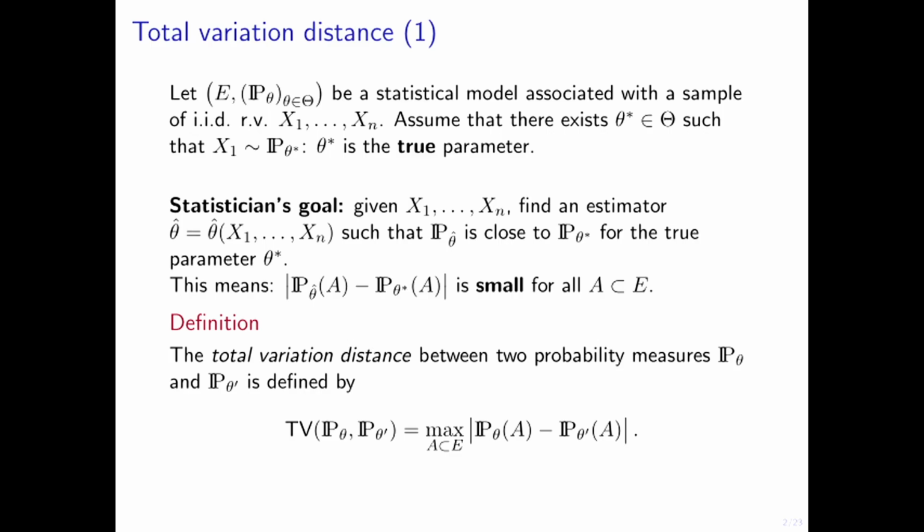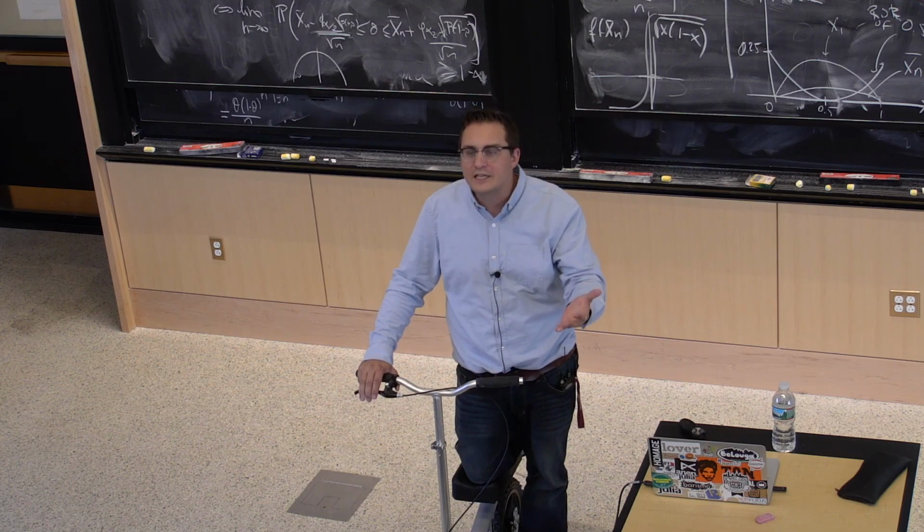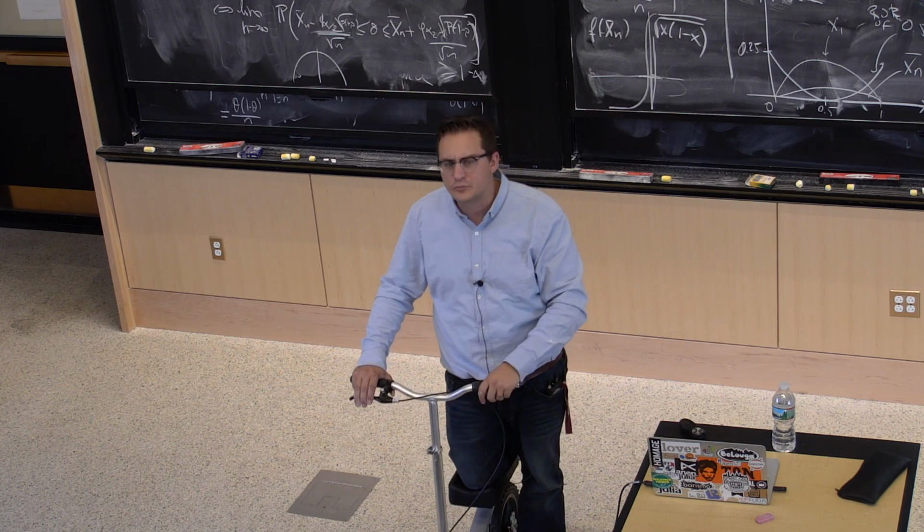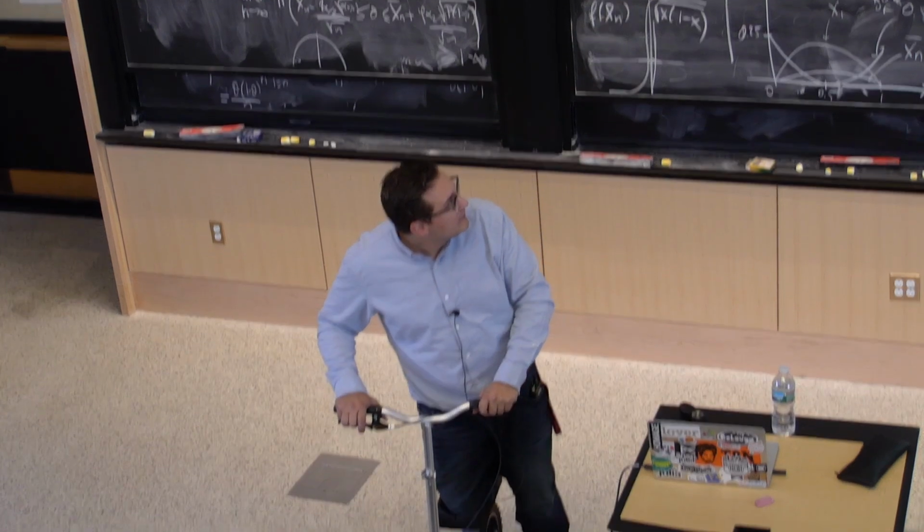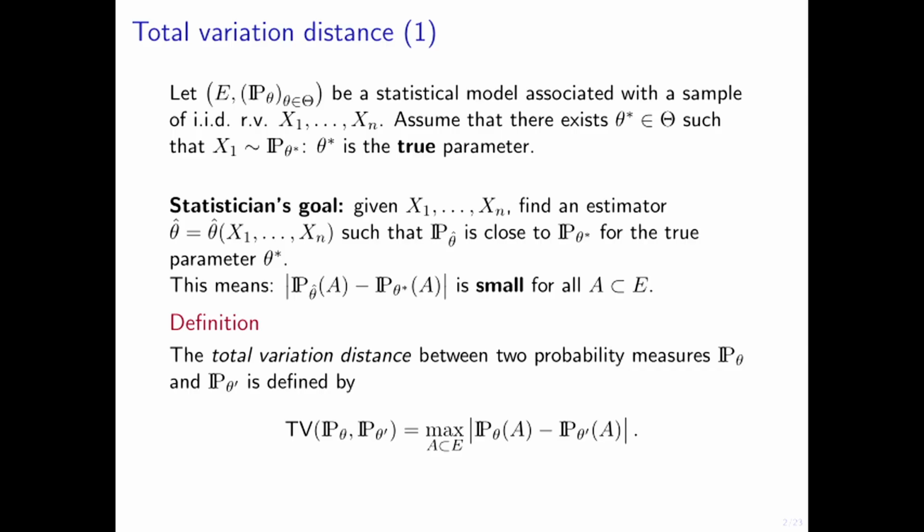Your goal is to estimate a true theta star, the one that generated some data x1 to xn in an IID fashion. But this theta star is really a proxy for us to understand the distribution itself. The goal of knowing theta star is so that you can know what p theta star is. Sometimes we said it has some meaning itself, but really you want to know what the distribution is. So your goal is to come up with a distribution, hopefully from the family p theta, that's close to p theta star.